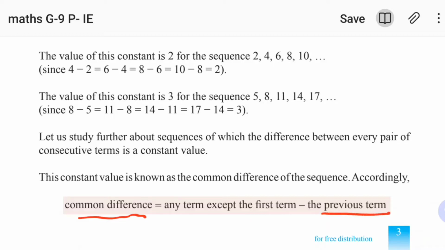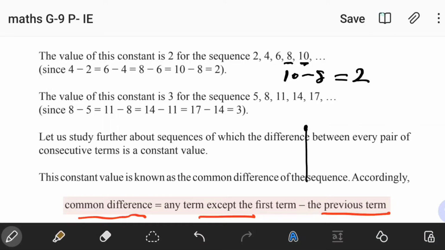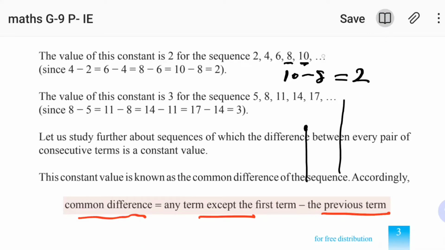So to find the common difference, you find this number and subtract this. So 10 minus 8 is going to be 2. We can figure that out by looking at that. Okay, so let's move on.